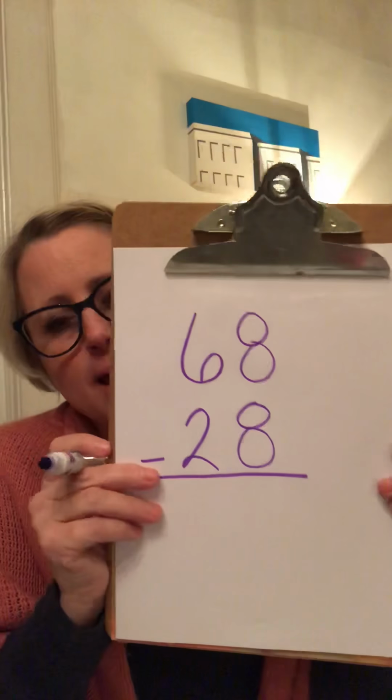All right, the other thing that I wanted to show you guys on this is there's another big subtraction problem on here, but this one's a little different. These are just big numbers, but you don't have to regroup, and I'm going to show you why, okay? So 68 minus 28. Again, you can do this a couple of different ways. 68 minus 28.